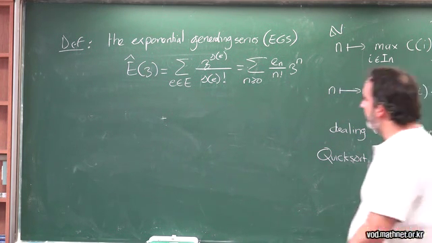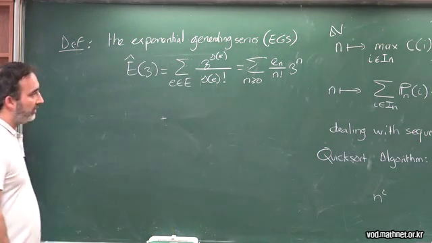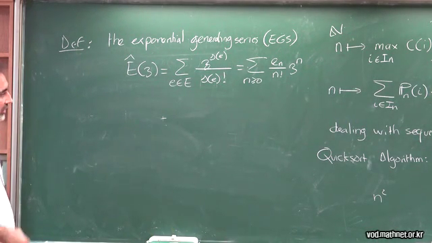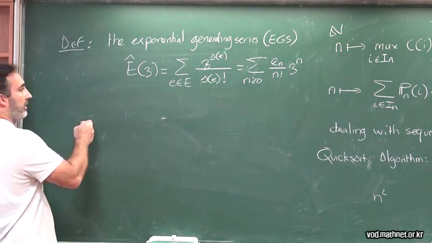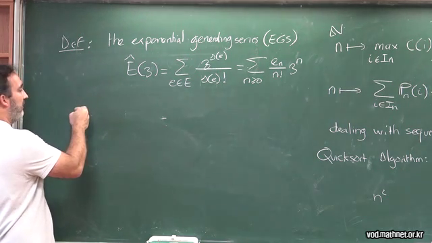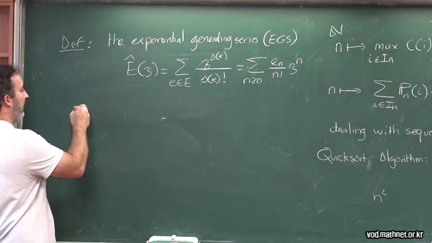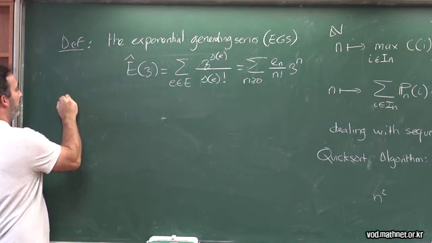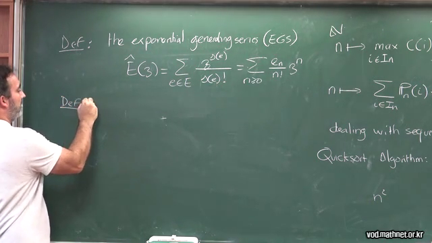Now, why do we use this series and not just the sequences? It's just because it's better to define the operations we want to define. So you have two operations, basically.